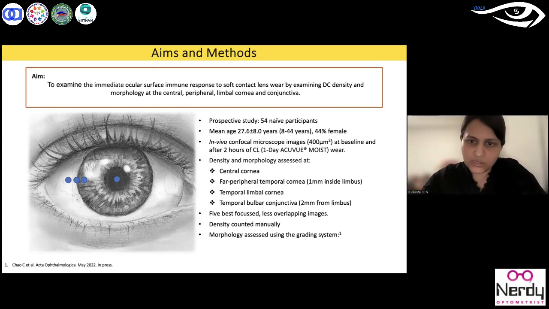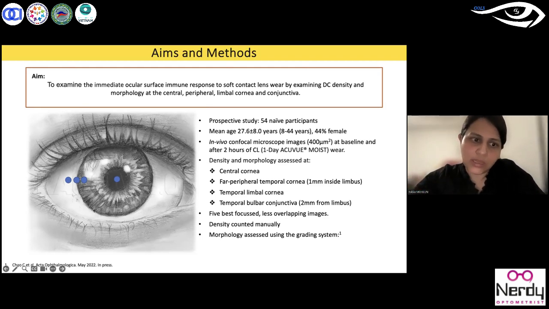There is a lot of literature that says inflammatory markers increase in soft contact lens wearers. But we were interested in the immediate immune response as soon as you put a contact lens on the eye, at the whole ocular surface. By whole ocular surface, I mean the central cornea, peripheral cornea, limbus, and conjunctiva, within 2 hours of putting on and removing the contact lens.